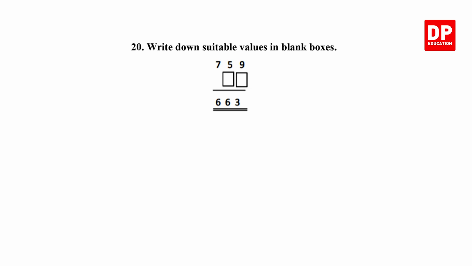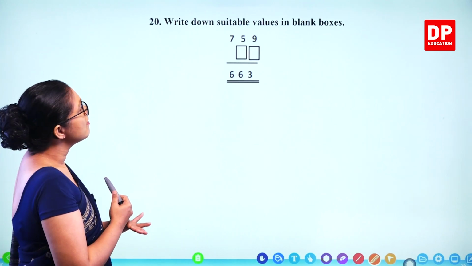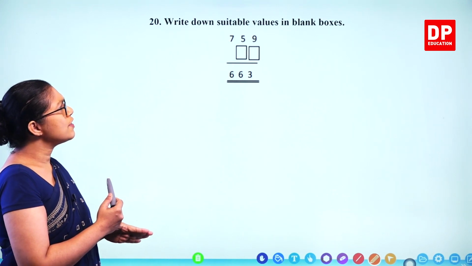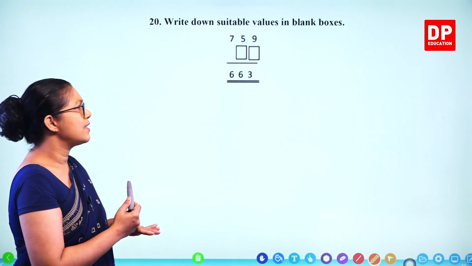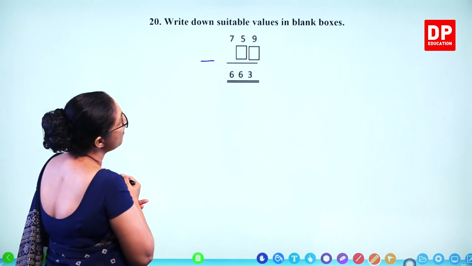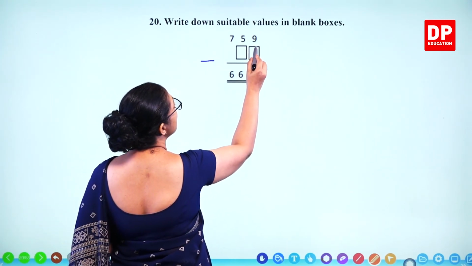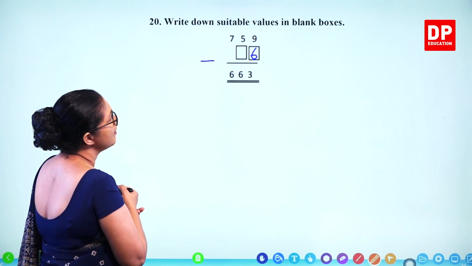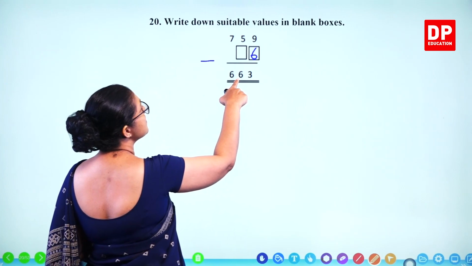Question number 20, that's the last question in part 1. Write down the suitable values in the boxes. The operation is not given, but look at it. 759 becomes 663. So definitely this is subtraction. What's the number subtracted to get 3? You have to subtract 6. 9 minus 6, 3. Then you are getting 6.